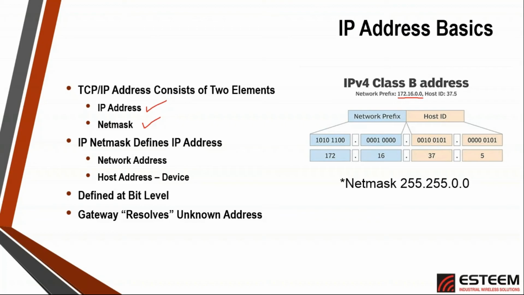Where this can be somewhat confusing is that this is actually done at the bit level. So if you're looking at what's called an IP version 4 Class B address, which is the standard for all of the radios, it will start out 172.16. Since we are masking the first two digits, everything that starts out 172.16 is considered on the same network.